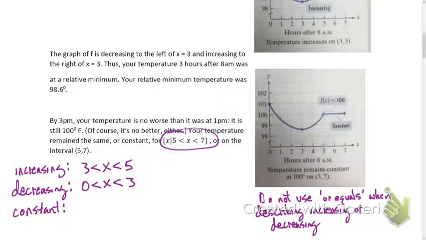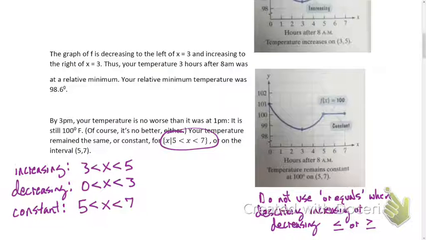Because all we're doing is saying what is the behavior of the graph in an interval of numbers. We're not talking about whether it equals something. So I never use the symbol or equals. In other words, I'm not going to use this or this. All right, it is constant from 5 to 7.